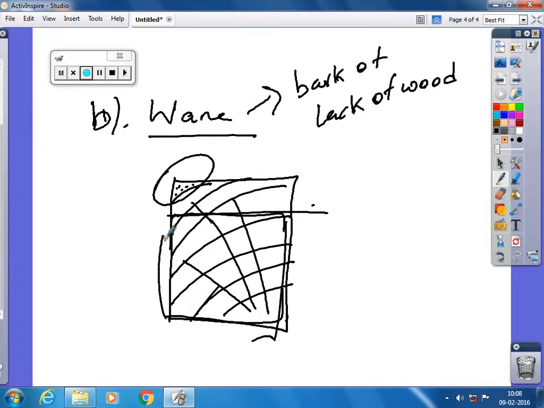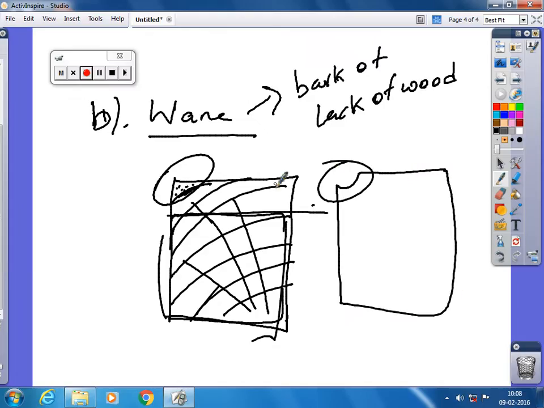See, let's take a rectangular wood. When there is lack of wood, when this part of wood is gone, it reduces the strength, and that natural effect is called vein.